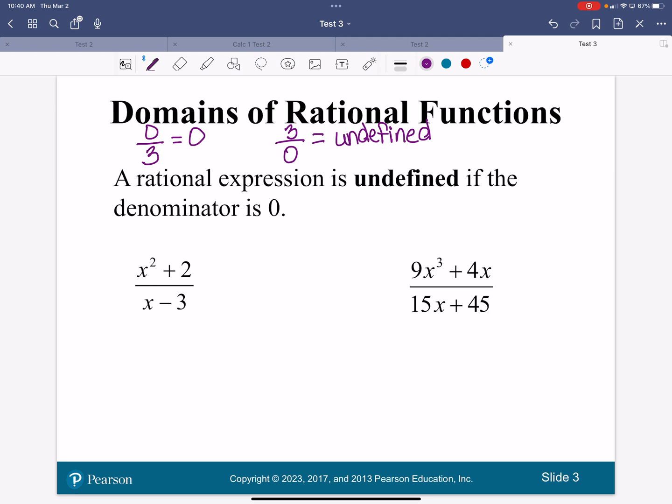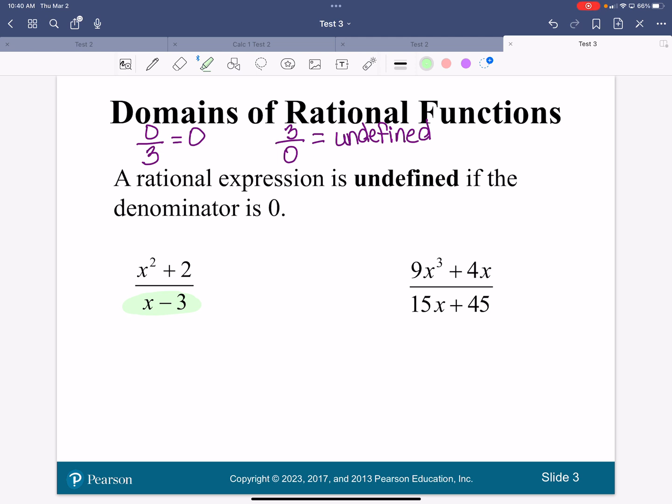It does not necessarily mean that x is 0. So let's look at this one right here. If I'm focusing on the denominator right here, and I plug 0 in for x, what's 0 minus 3? Negative 3. That's not 0, and so it's okay. So we're not saying that x can't be 0.